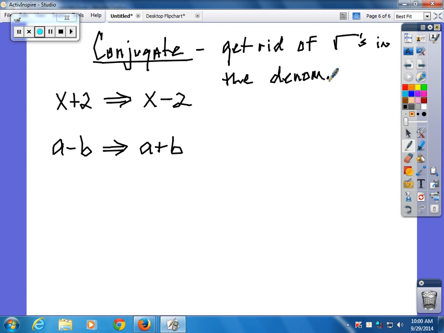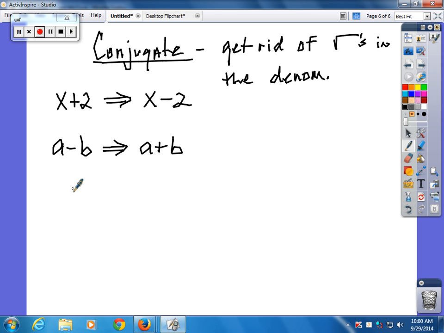Get rid of radicals in the denominator when we are, and you will see this your first unit of calculus, because you have to minimize limits, and you have to try to get these big old terms in the reduced form. And the way to do that is to rationalize the denominator. Now, I'm going to review rationalizing the denominator a little bit, and then we'll get into the conjugate.